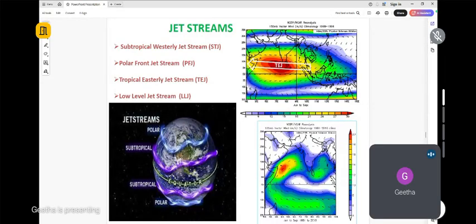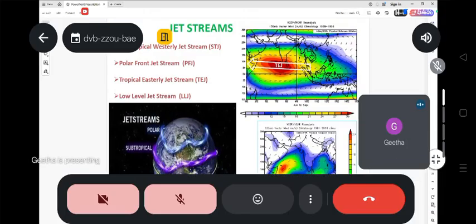It's a very special jet stream that forms only during the monsoon season and only over this region. And that is one of the semi-permanent features of the southwest monsoon. Am I right? Yes or no? Did we not discuss this tropical easterly jet when we discussed the components or semi-permanent features of the monsoon?